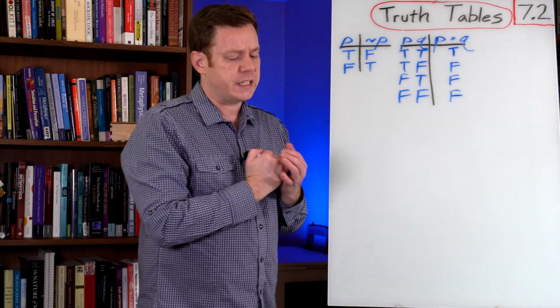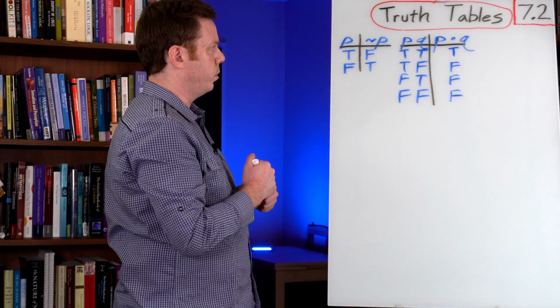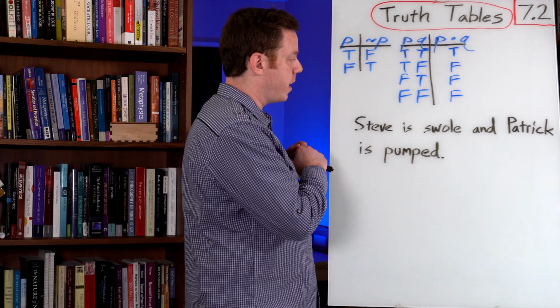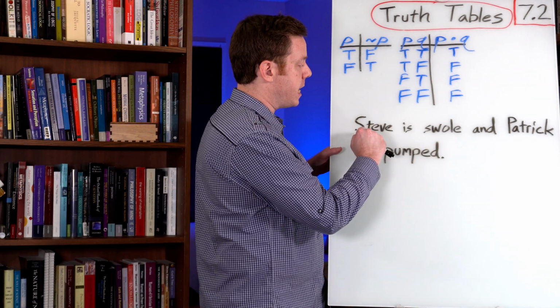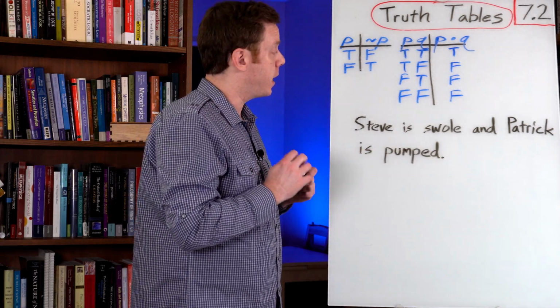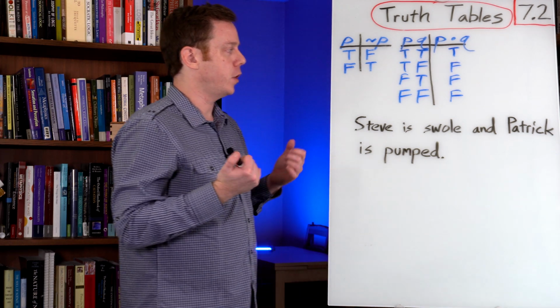All right, so to see this, let's do an example. In this example statement, we have a conjunction, an and. Steve is swole and Patrick is pumped. Is this conjunction true? Is it false?